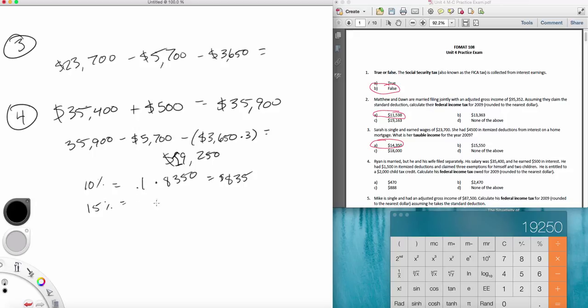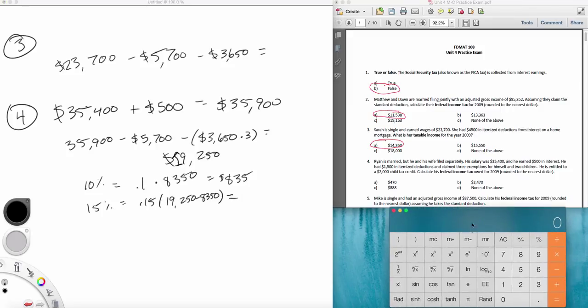Now since that number is higher than that, we can just take the 19,250, subtract the 8,350, and that's going to give us the 15%. So we go 19,250 minus 8,350.